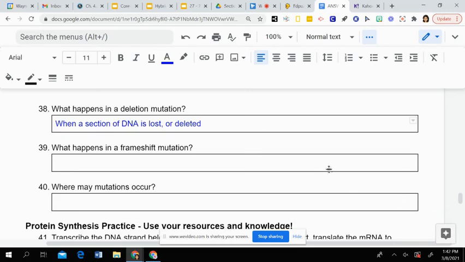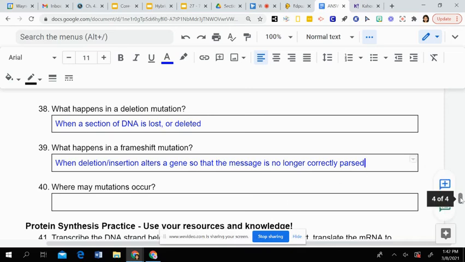Then a frame shift mutation is when deletion or the insertion alters the gene so that the message is no longer correctly parsed, which essentially means like synthesized so it can be read and understood. Okay.